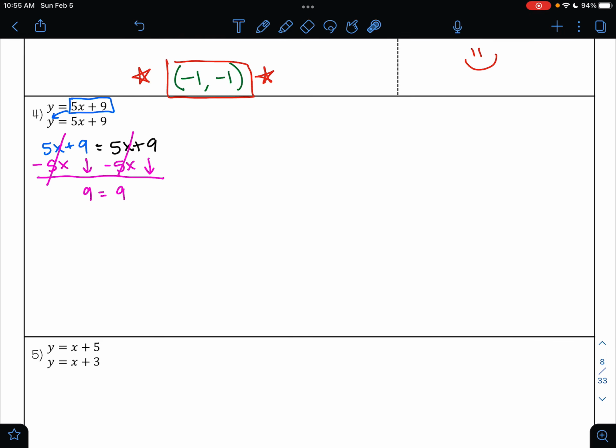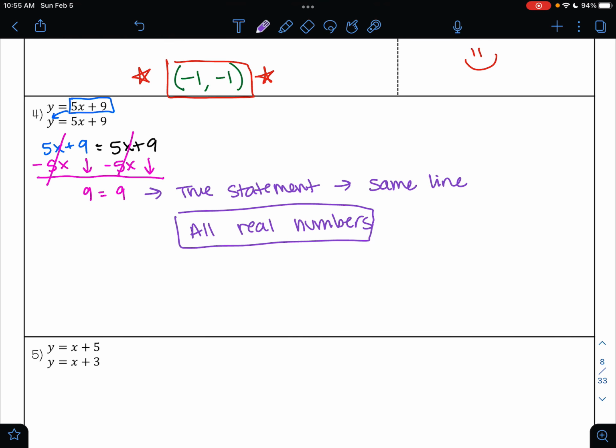Well, does 9 equal 9? Yeah, that's a true statement. When you get a true statement, that means that you have the same line. When you have the same line, that means your answer is all real numbers because these two lines intersect at every single point. And so our answer is all real numbers.